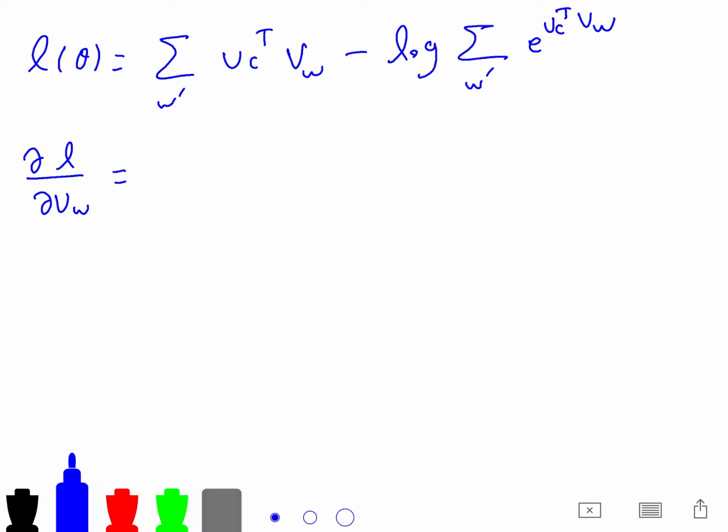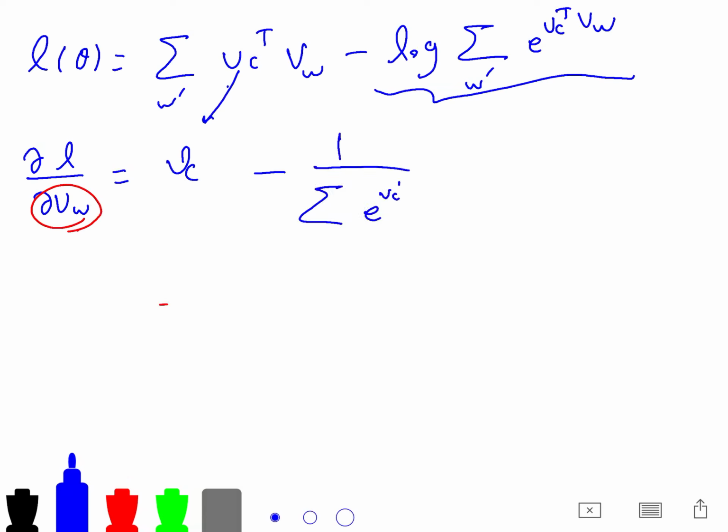So this becomes VC minus the derivative of this term with respect to V of omega, which becomes 1 over the summation of VC transpose V omega, summation over W prime, times e to the VC transpose V omega.